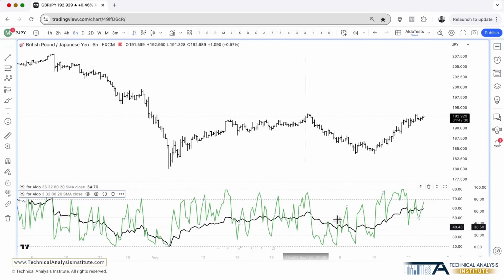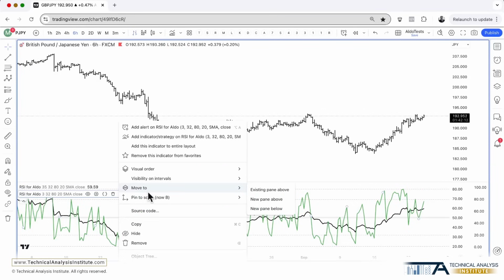Now how do you put the scales? Because now you have the two scales and they get confusing because they go on top of each other. So you go to the RSI 3 or the 35, whichever one you want, and then click on these three dots and look for pin scale to the left.